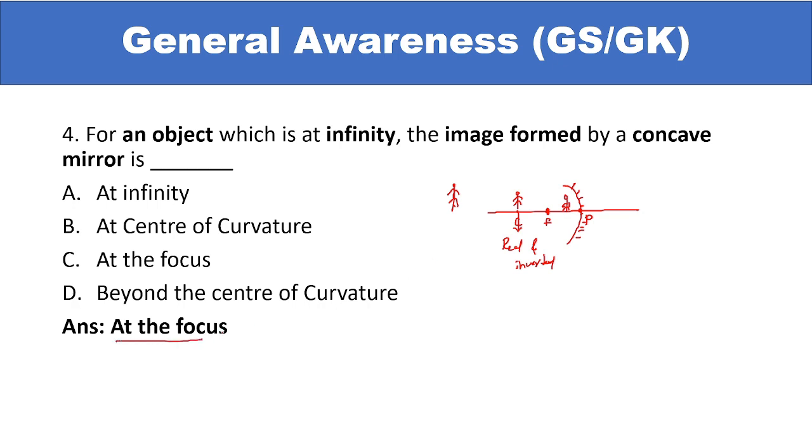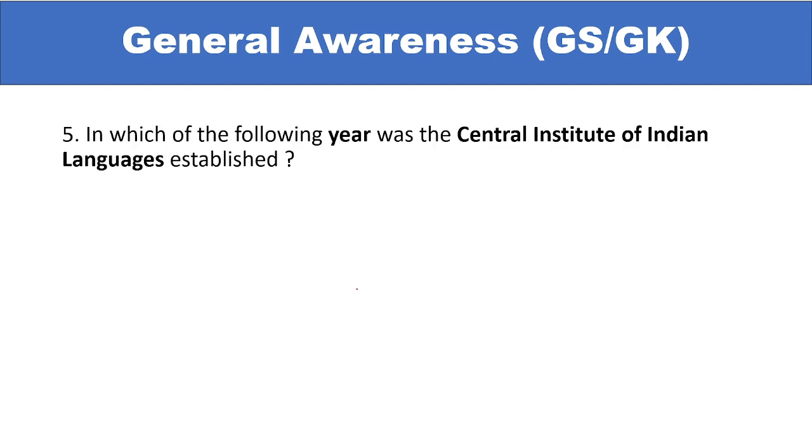Next. In which of the following year was the Central Institute of Indian Languages established? And the options are 1963, 1965, 1967, 1969. So in which year Central Institute of Indian Languages was established?